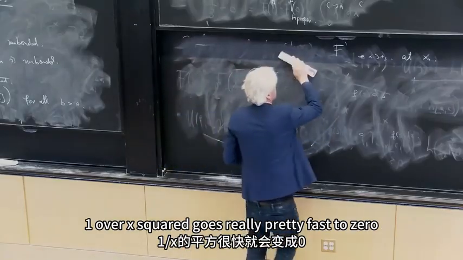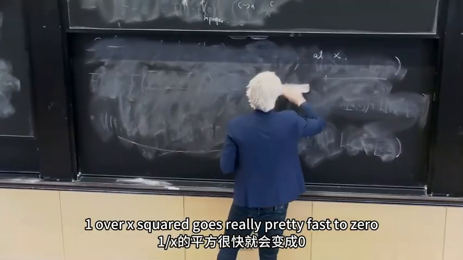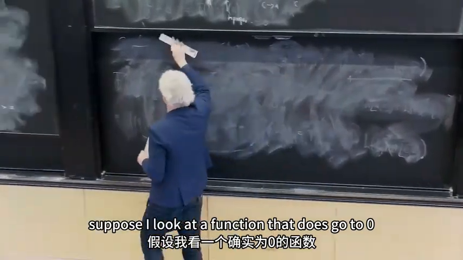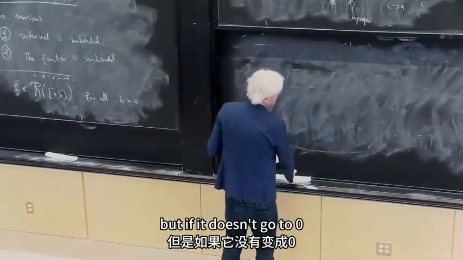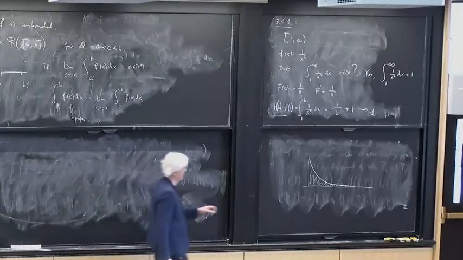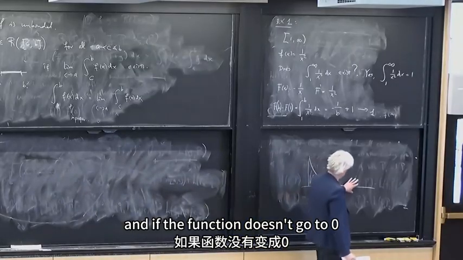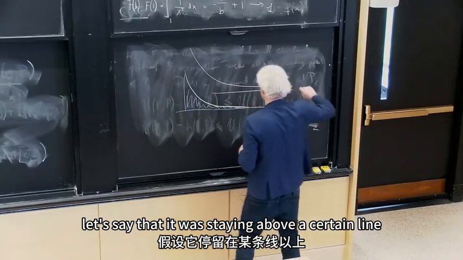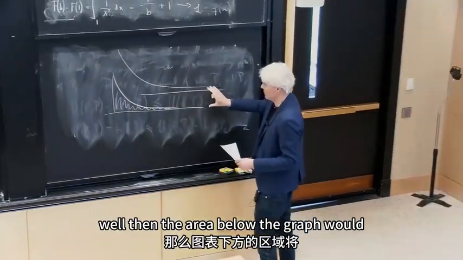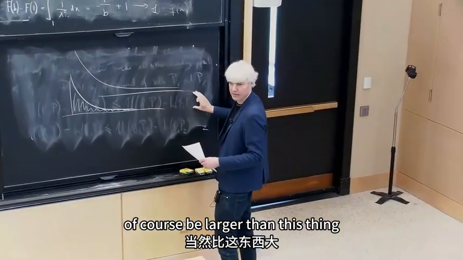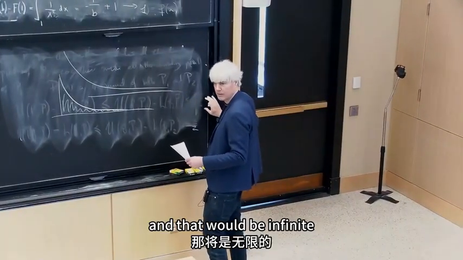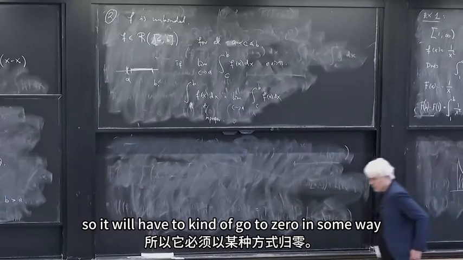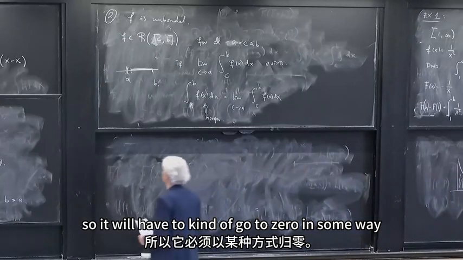If the function doesn't go to 0, say it stays above a certain line, then the area below the graph would be larger than that and would be infinite, so it's not going to converge. So it will have to go to 0 in some way.